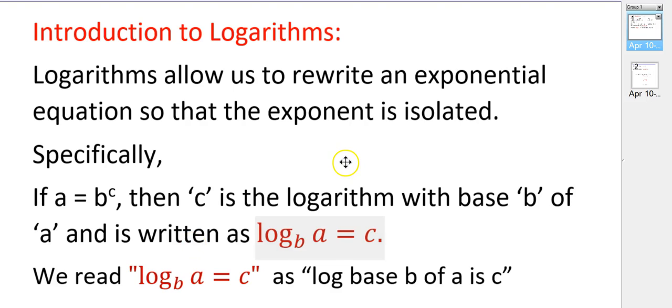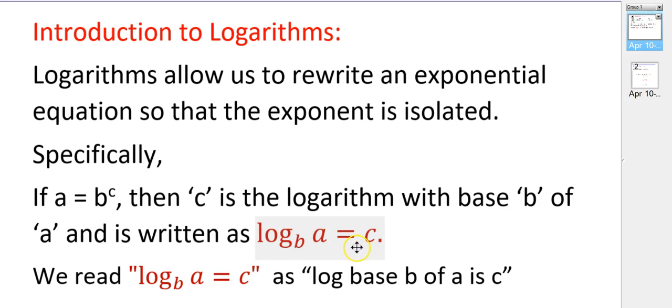Introduction to logarithms. Logarithms allow us to rewrite an exponential equation so that the exponent is isolated. Specifically, if you have a equal to b to the power of c, then this exponent c is the logarithm with base b of a, and it is written as log base b of a is equal to c.